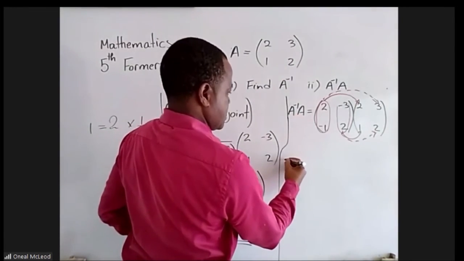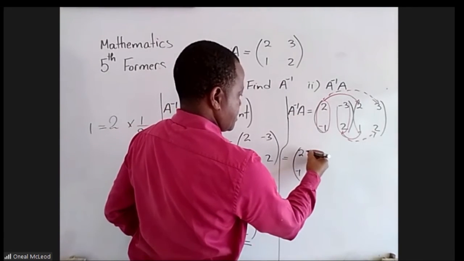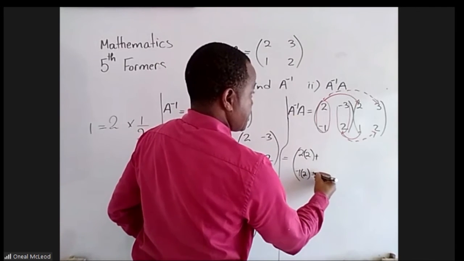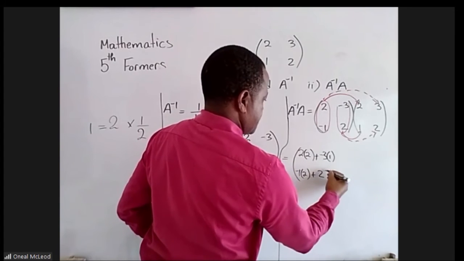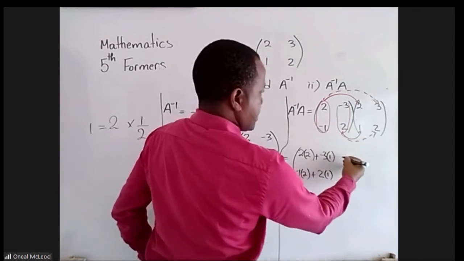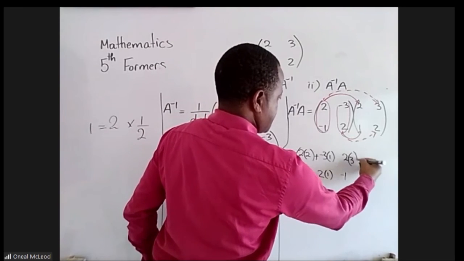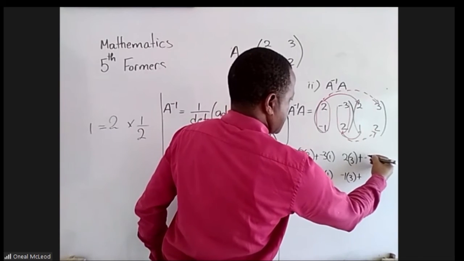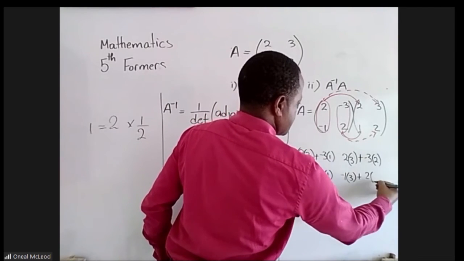This is going to be equal to 2, negative 1 upon 2, plus negative 3 and 2 upon 1. Then we end up with 2 and negative 1 upon 3, plus negative 3 and 2 upon 2.